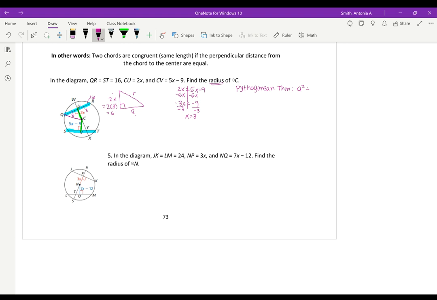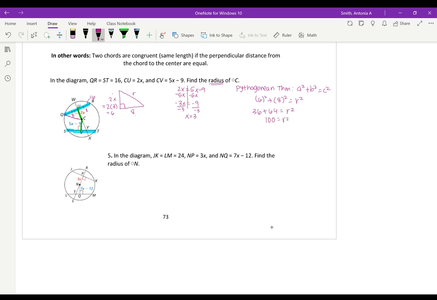I can use the Pythagorean theorem to find the other. A squared plus b squared equals c squared. My a is 6, my b is 8, and my c is r. So 36 plus 64 equals r squared. 36 plus 64 is 100.